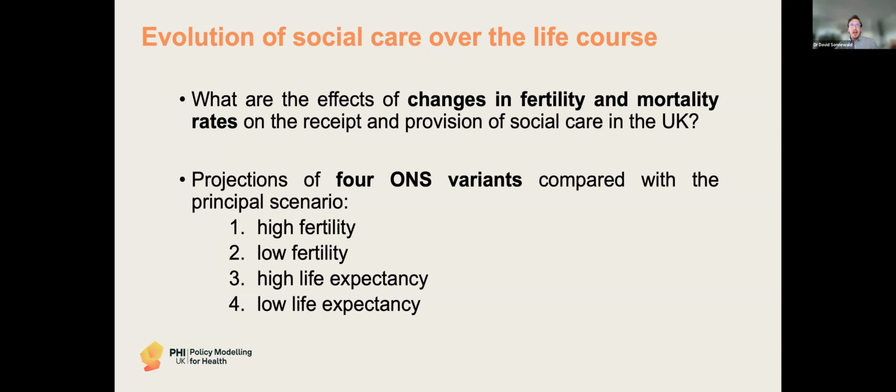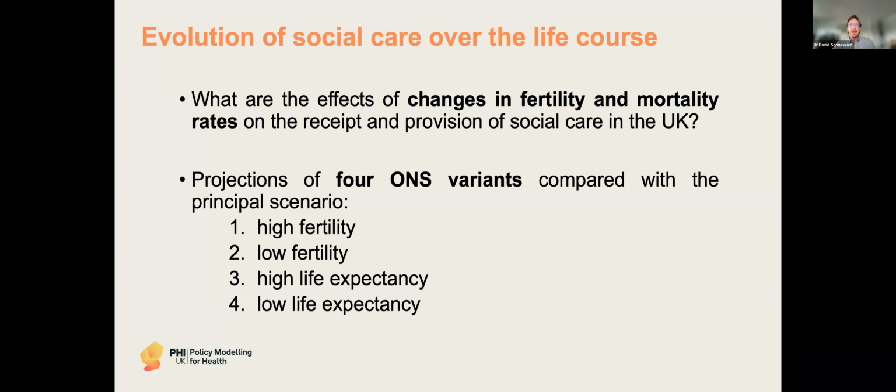There is this paper we're working on, which tries to answer the question of what the effects are of changes in fertility and mortality rates on the receipt and provision of social care in the UK. It's a very basic analysis. So we take our principal baseline scenario, and we run SimPaths for 50 years, from 2020 to 2070.